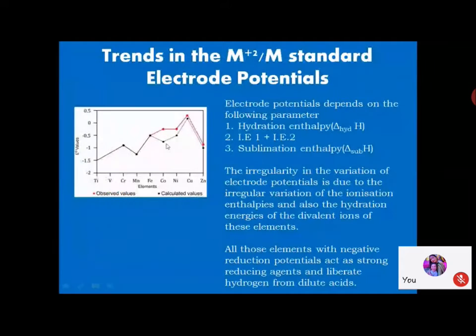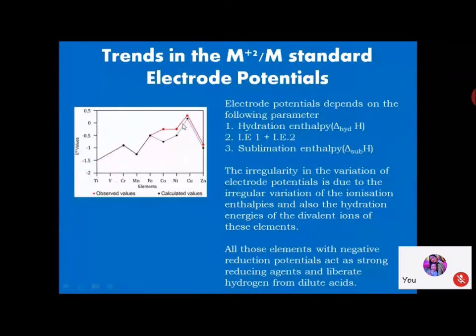For example, for nickel the observed value is more negative than the calculated value.